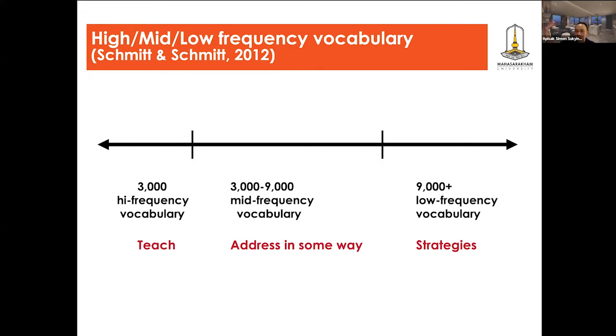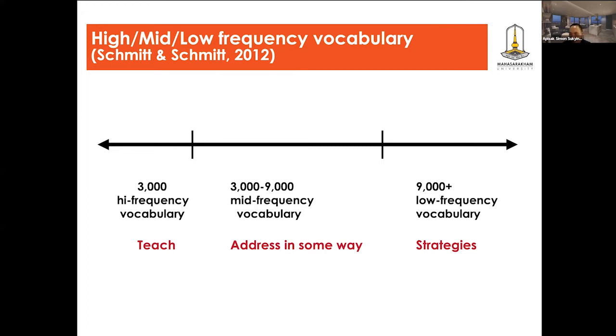You need to move on to the next level, mid frequency, between 3,000 and 9,000. You need to teach them strategies for guessing the meaning of unknown words using word parts, prefixes, or train them in some other strategy. Which strategy works very well or effectively in your context depends on you, the researcher or the teacher, to determine.